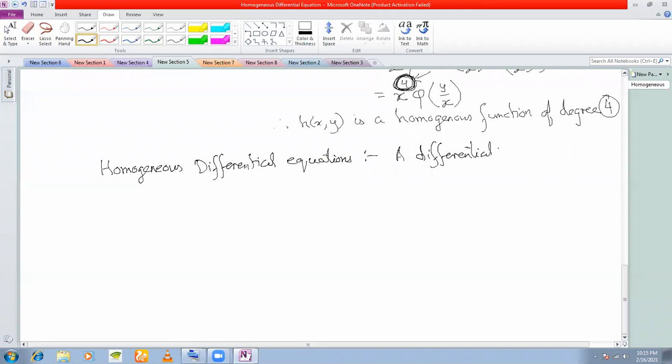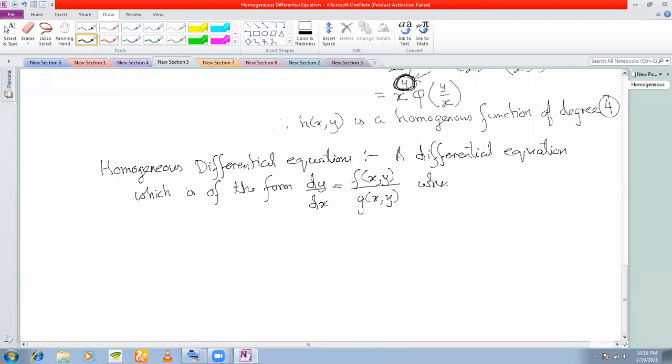A differential equation which is of the form dy dx is equal to fxy by gxy, where fxy and gxy are both homogeneous functions of the same degree.